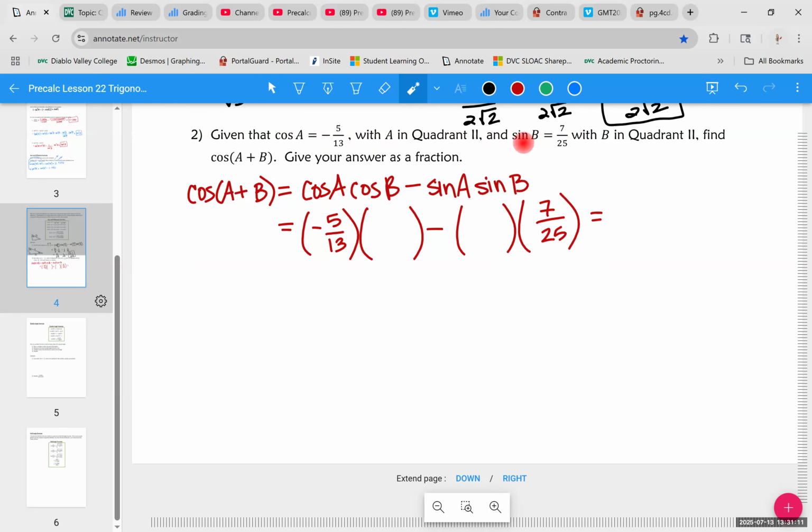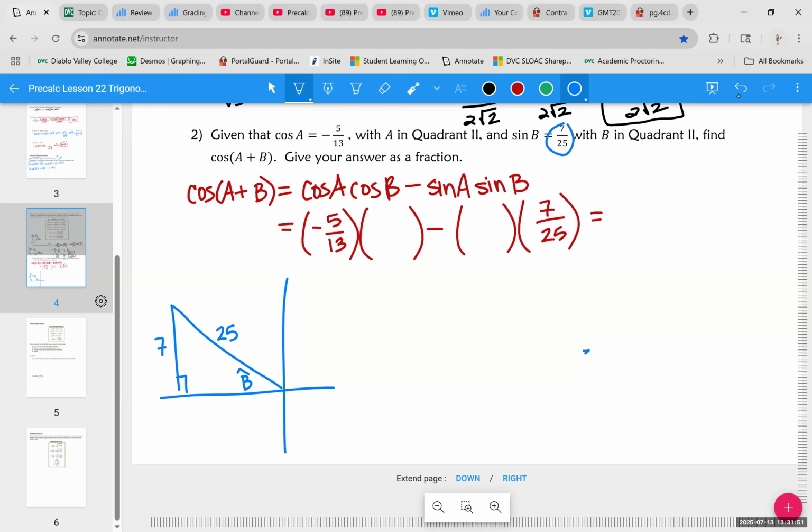So let's start with cosine of B. I'm going to come over here to the information they gave me about B. Since they gave me a sine and a quadrant, this would be my reference angle. Second quadrant. There's my reference angle. And they gave me the sine, which would be opposite over hypotenuse.